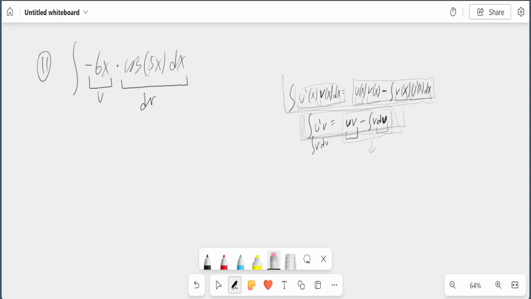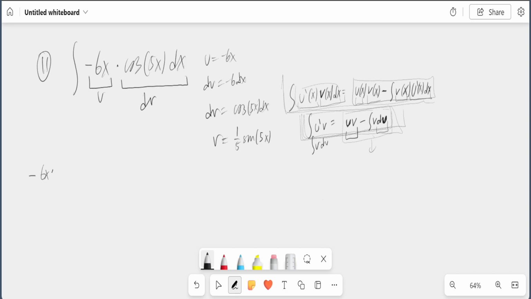Okay, so... Do you need me to do it out? I'll do it, and I'll say my thought process out loud, and correct me if I do anything wrong. Okay, yeah, I can do that. Okay. So negative 6x times cosine of 5x minus the integral of cosine.